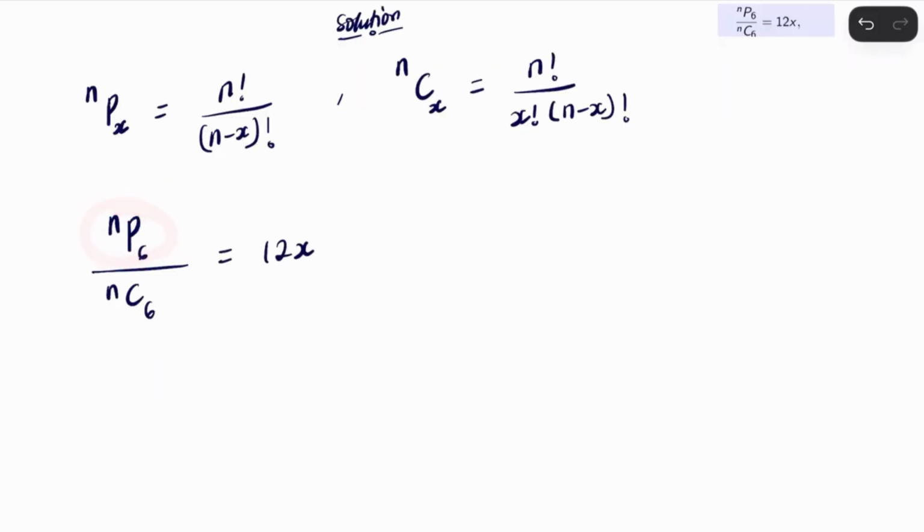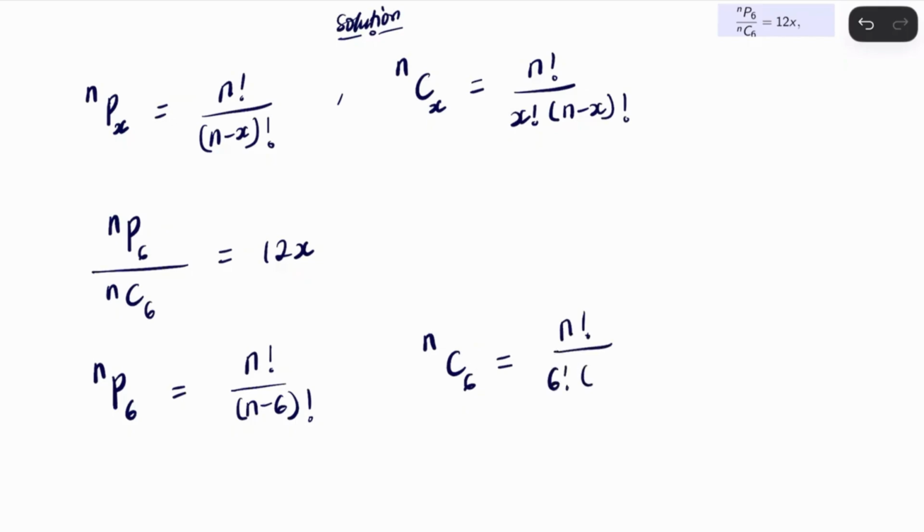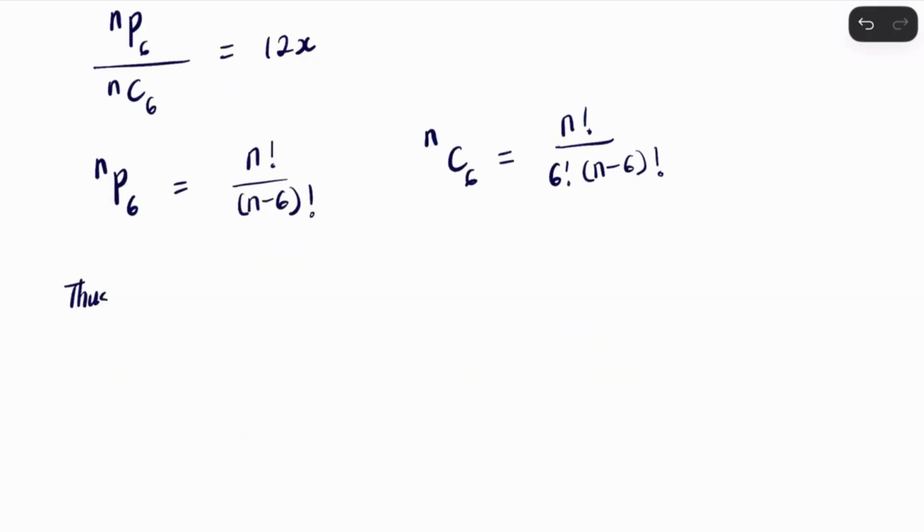Now let's take this and expand. Here we have nP6, and this gives us n factorial divided by n minus 6 all factorial. Likewise, nC6 gives us n factorial, then 6 factorial times n minus 6 all factorial.